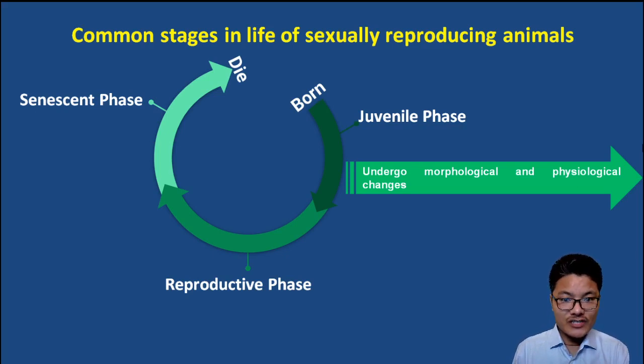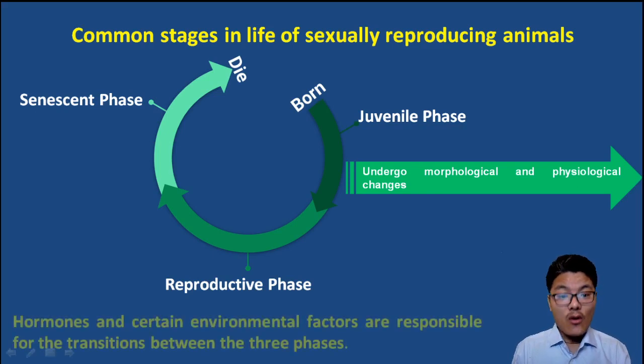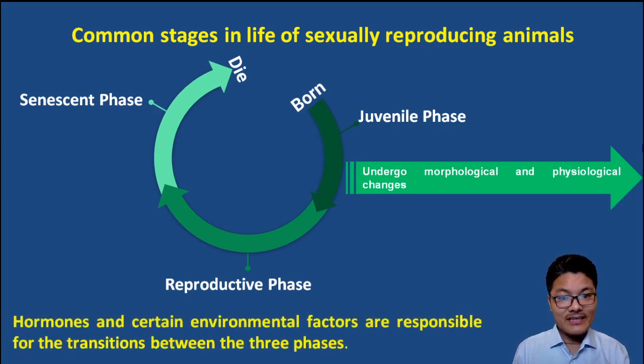Physiological here refers to the working of internal organs, and thereby metabolic changes also occur. So hormones and some external features are the factors which usually affect the transition between these three phases.